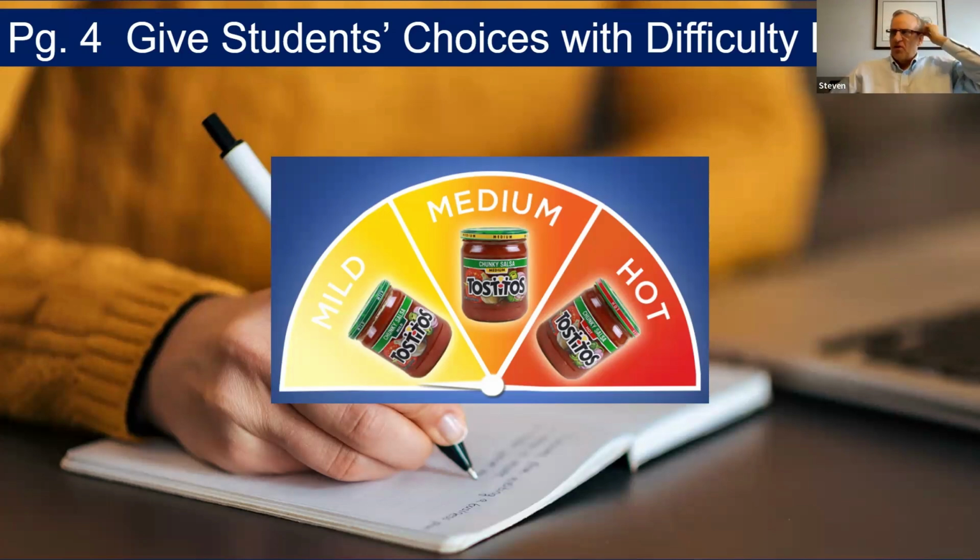And I attended a wonderful webinar that an instructor in Texas did this summer, and she said, I always give my students choices deciding on the difficulty level. And I thought, that's a great idea. And being from Texas, she said, we can use the mild salsa, the medium salsa, and the hot salsa to differentiate between a mild, easier assignment, a medium assignment, and hot being the more difficult assignment.